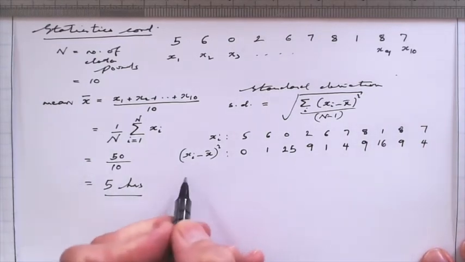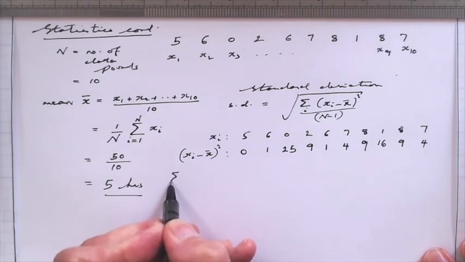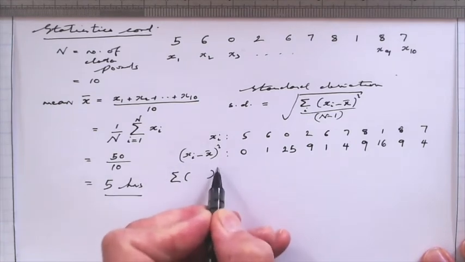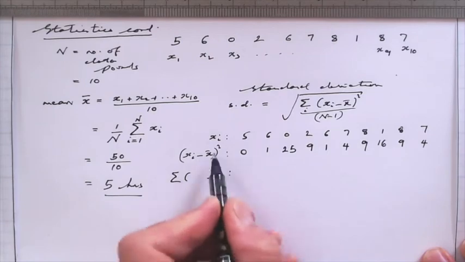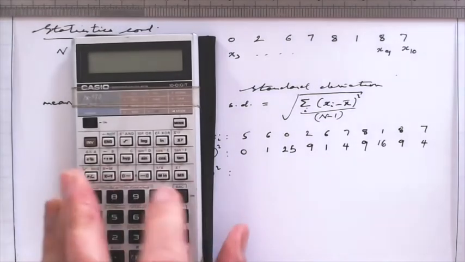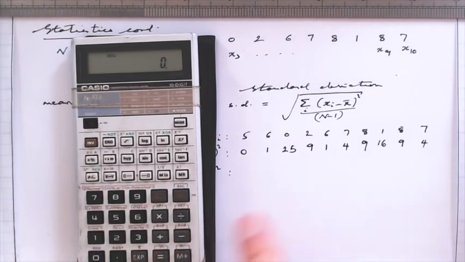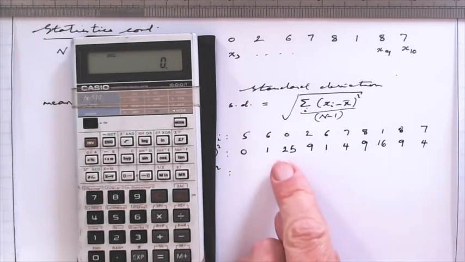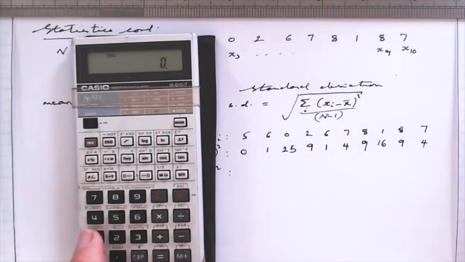We now have to add this all up. So we want to sum this set of squares, okay? Let me use the calculator to do this. I'm going to try and do this really carefully because my calculator is old and not very trustworthy. So I have 0 gives 0.